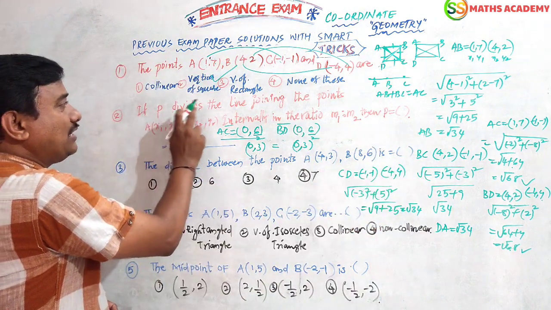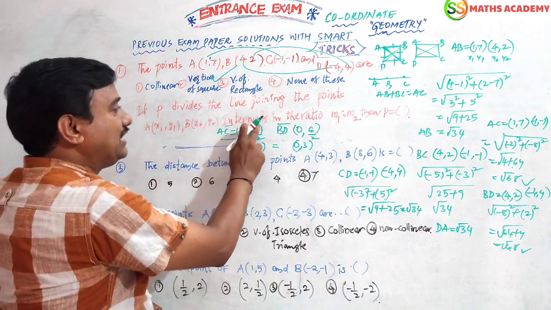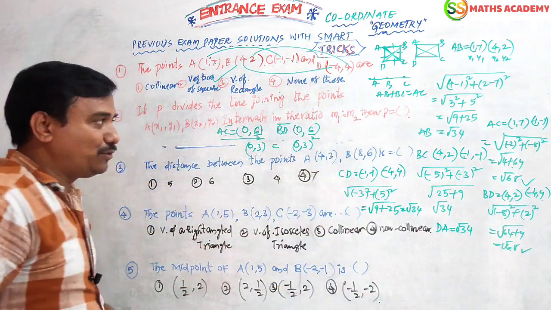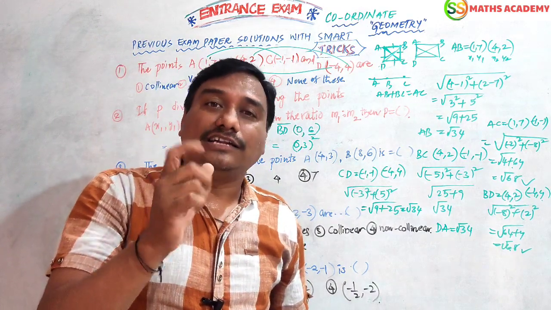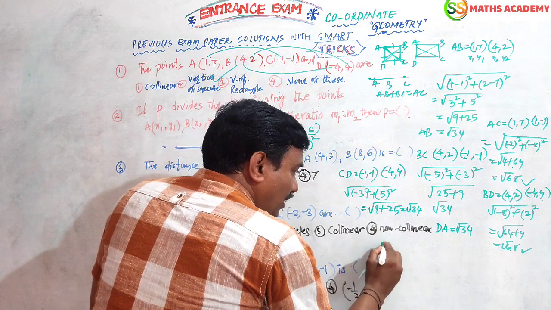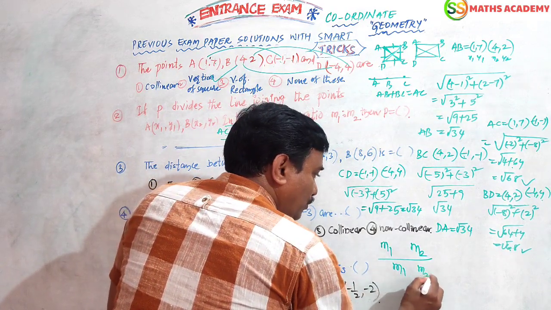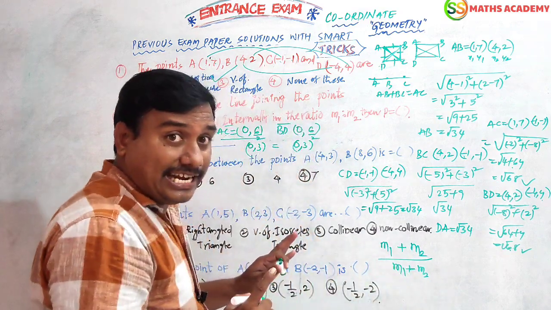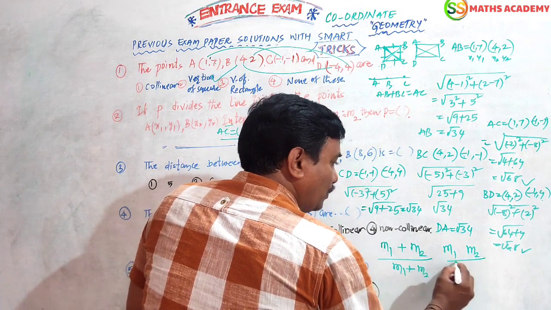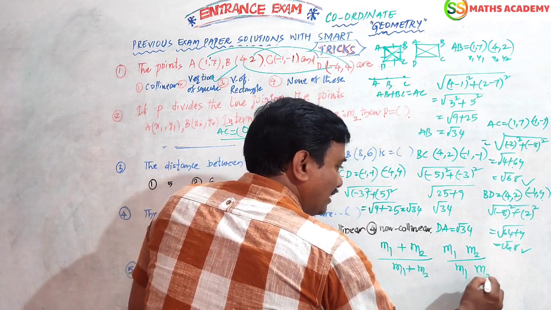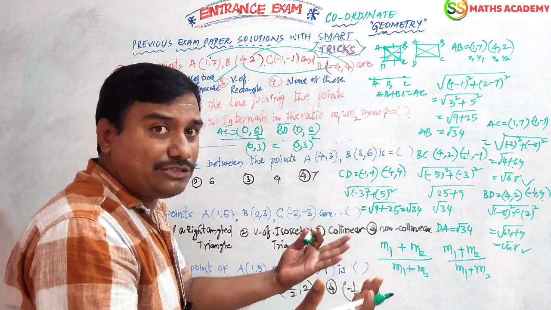Then very easy. No need to do all the explanation part, right? Here P divides the line joining the points A(x1, y1), B(x2, y2) internally in the ratio m1:m2. This is a 100% content based question. Internal means plus, external means minus.